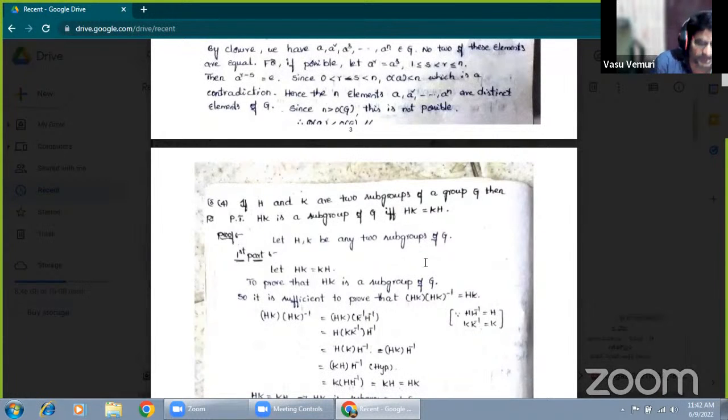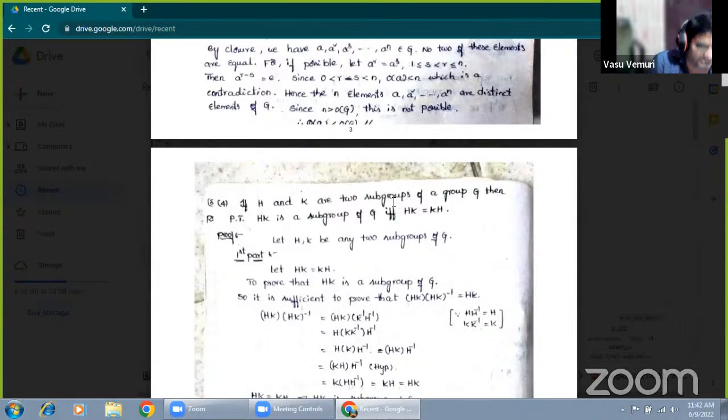There is no doubt, today's session is important because these theorems are well established in algebraic concepts, especially in group theory, and according to this we will discuss rings and fields also.